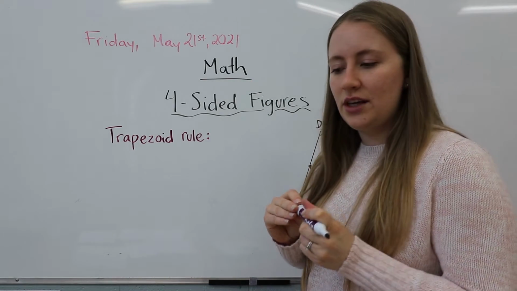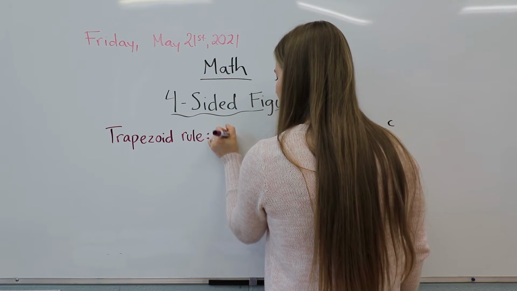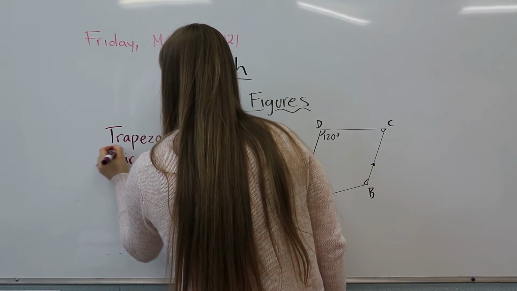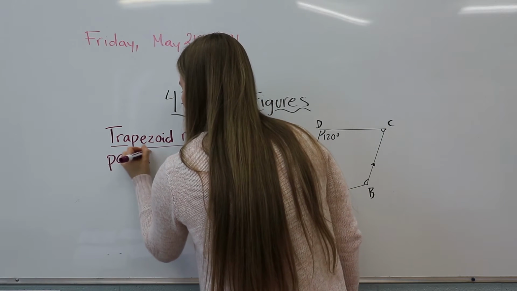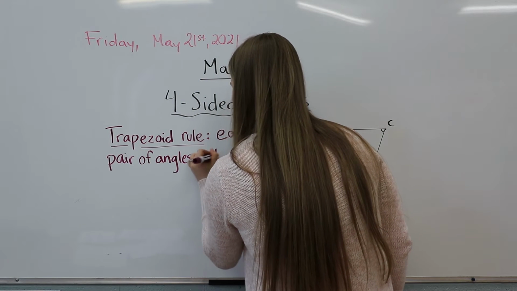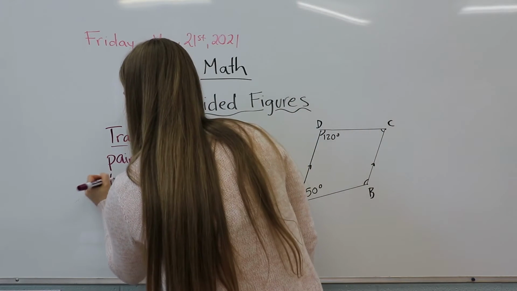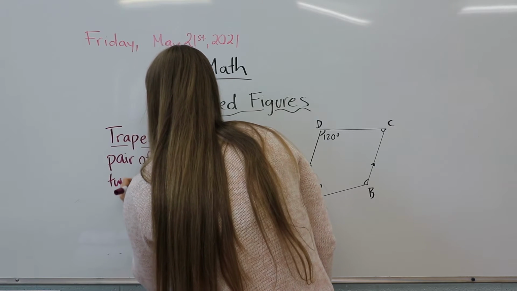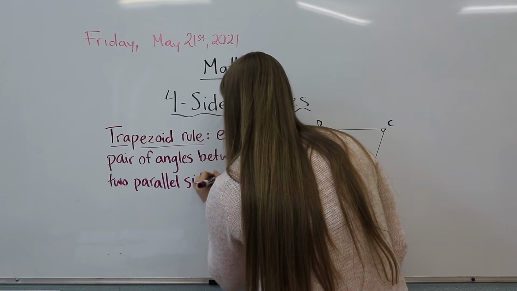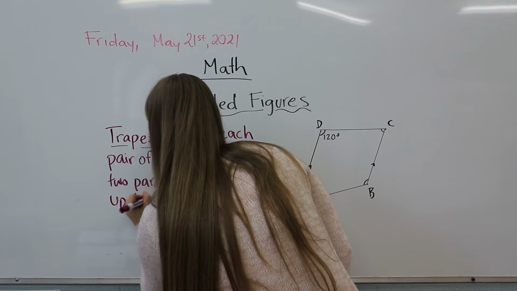We only have one rule that we can use for trapezoids, okay, and the rule is: each pair, and I'm going to underline that, of angles between two parallel sides add up to 180 degrees.